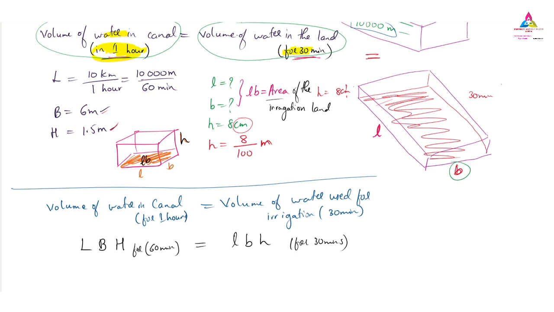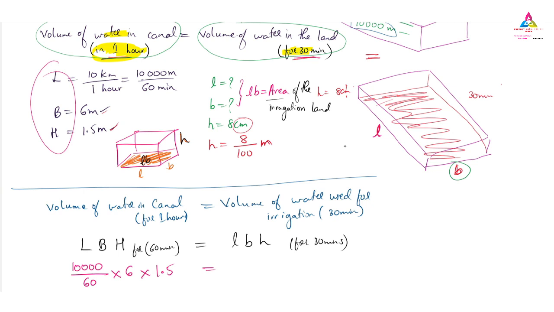The water must be rolled out for 30 minutes, that's all. So now we will write down what is the length. Length is 10,000 meter per hour they have given, so divide by 60, into the base is 6 meter, into the height is 1.5 meter.